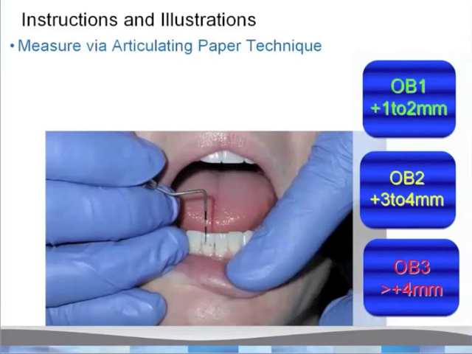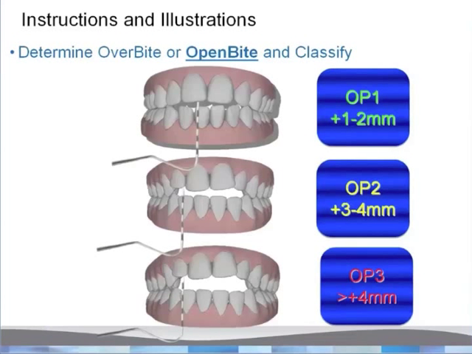So then you're just still looking at your classification, overbite of 1, 2, or 3, and the mid-range is 3 to 4 millimeters. You're going to hear that over and over. So like I said before, in the absence of literal overbite, the only other option is one of open bite. And so same numerical classification.